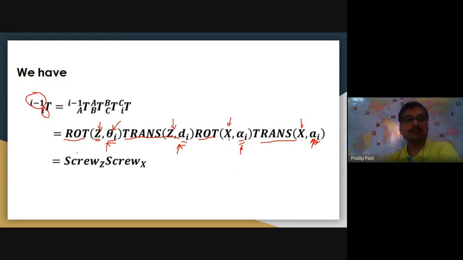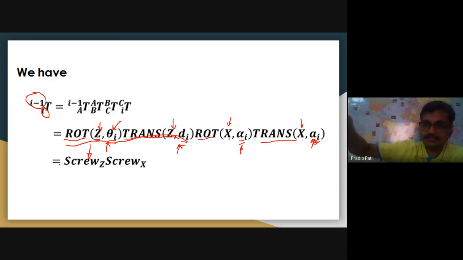This is rotation z and translation z, which we define as a single term called screw z. If you tighten a screw, how do we do that? We first rotate and then it translates. So there is a rotation and translation. Screw z is rotation and translation about the z-axis.